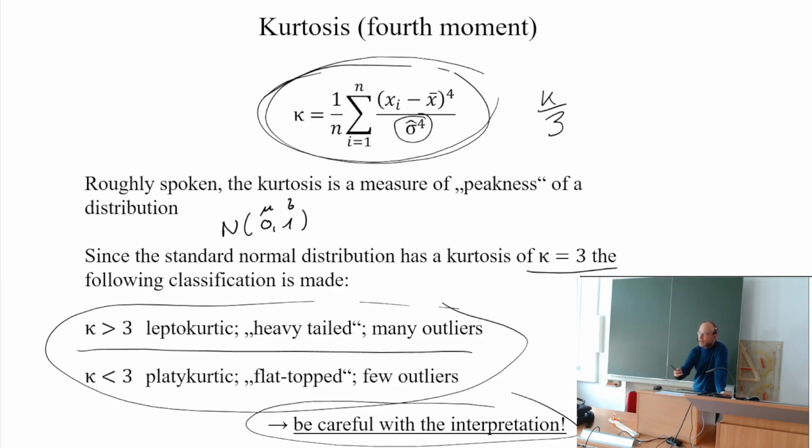In general, if you have very large data sets and the probability mass is centered around the arithmetic mean, then larger than 3 means fat tails, and lower than 3 means a bit more centered around our average numbers.